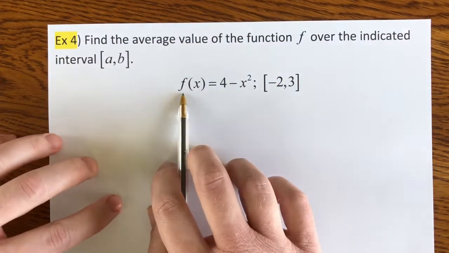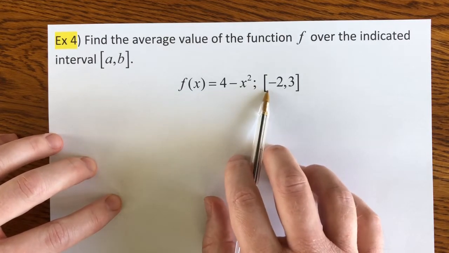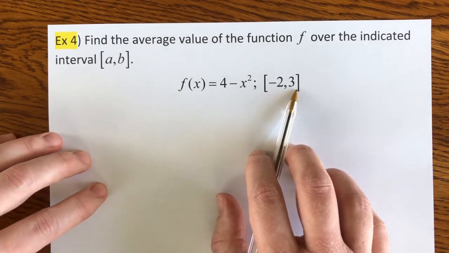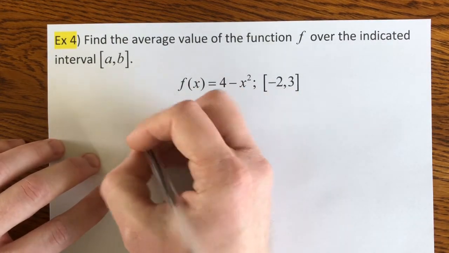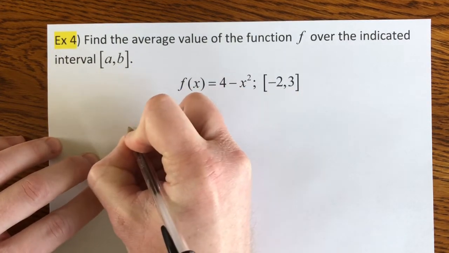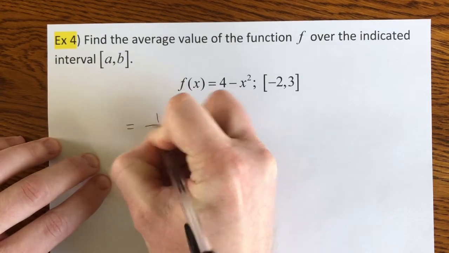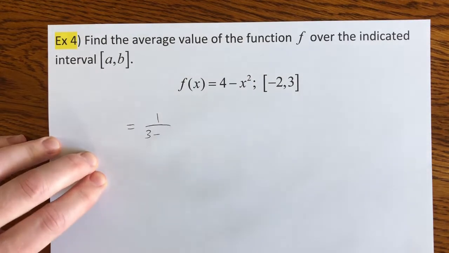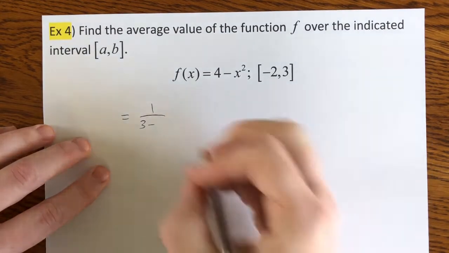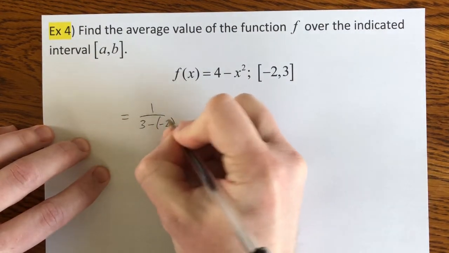So let's go ahead and determine the average value of this function over this closed interval, -2 to 3. We're going to follow the formula, which would tell us to do 1 over b, which is 3, minus a, which is -2.